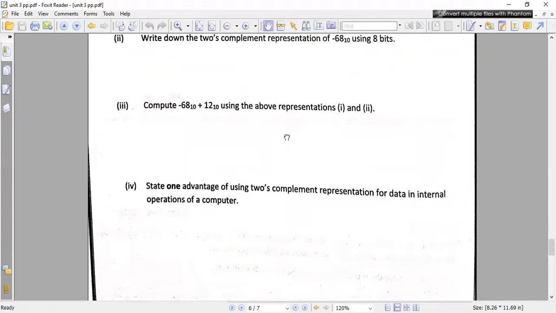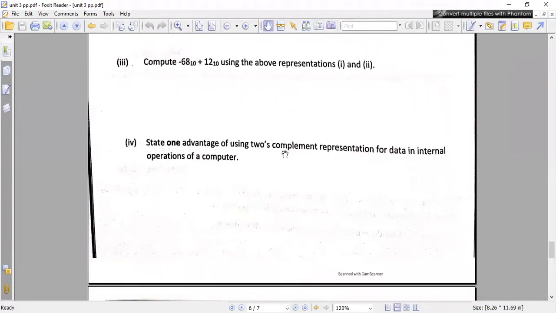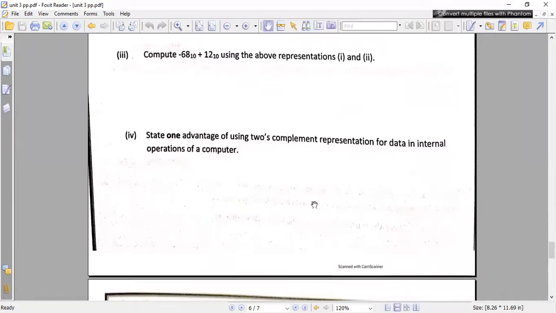Here, state one advantage of using two's complement representation for data in the internal operation of computers. There you can write that you have a single representation for 0, so it's not confusing. If you are using one's complement, you get two different representations for 0, positive 0 and negative 0.